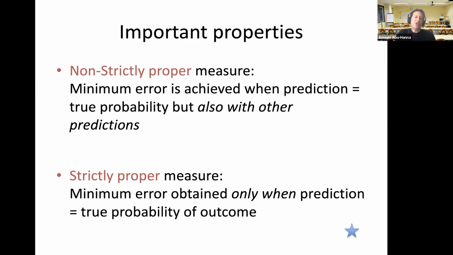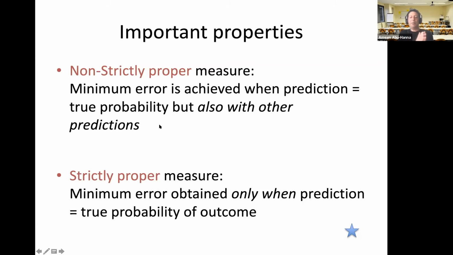So now we can talk about something called proper rules, or proper measures. So you have non-strictly proper measures, and the AUC is one of them. It's proper, but non-strictly proper. So it will give me the minimum error, the best value, when you give the true probabilities, but also with other predictions.